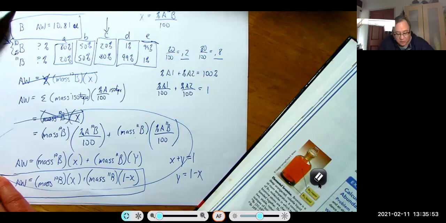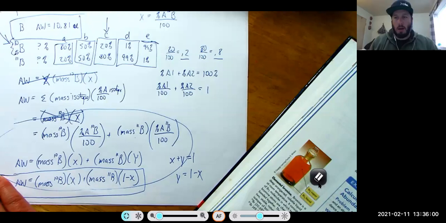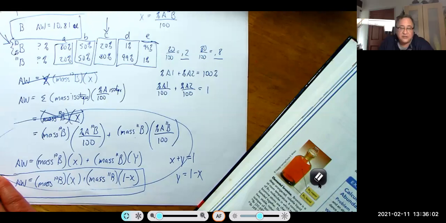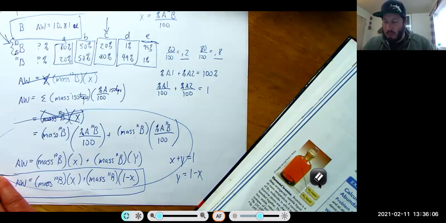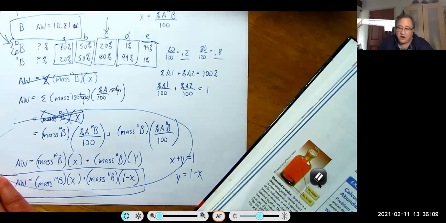How much does a proton weigh? Not a lot. 1.00 AMU. Not a hard number to remember. 3 sig figs, 1.00. How much does a neutron weigh? 1.00 AMU. This thing also has 5 electrons.